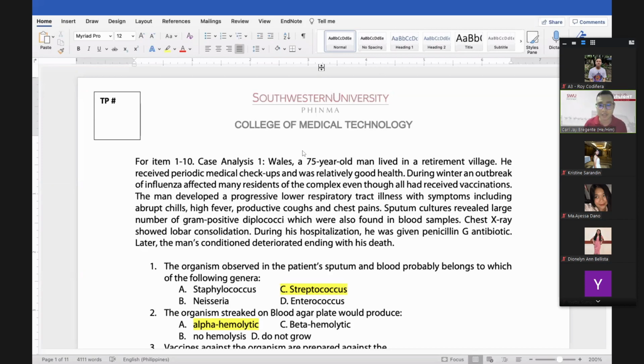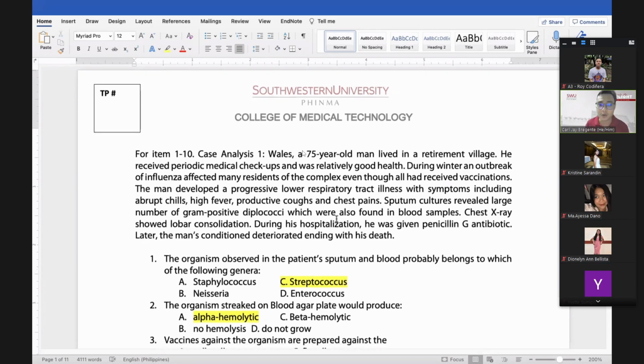During his hospitalization, he was given penicillin G antibiotics, and later the man's condition deteriorated, ending with his death. So the death is usually accompanied by the immune responses, no?